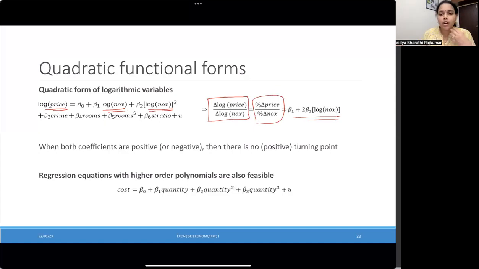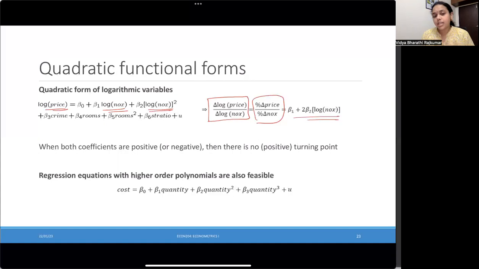So depending on how much pollution there is, for a percentage increase in pollution from that starting point, your percentage changes in price will vary correspondingly. So that's the utility of having quadratic forms.